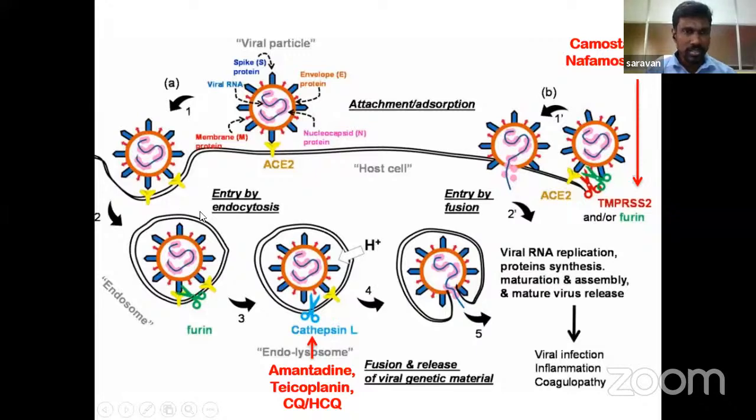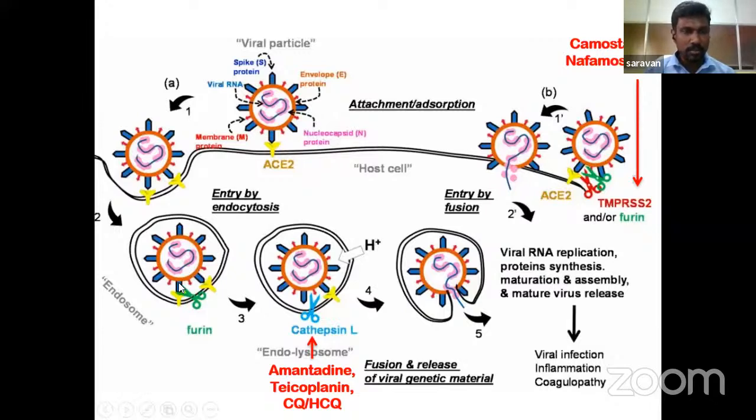Coming to the first method, the entry of the virus by the process of endocytosis. Once the virus enters into the host cell, the virus is present inside the endosome, which is covered by the endosomal membrane. There are two proteins, furin and cathepsin, doing a two-stage cleavage of the spike protein, which is needed for the binding of the spike protein to the endosomal membrane and the uncoating process.